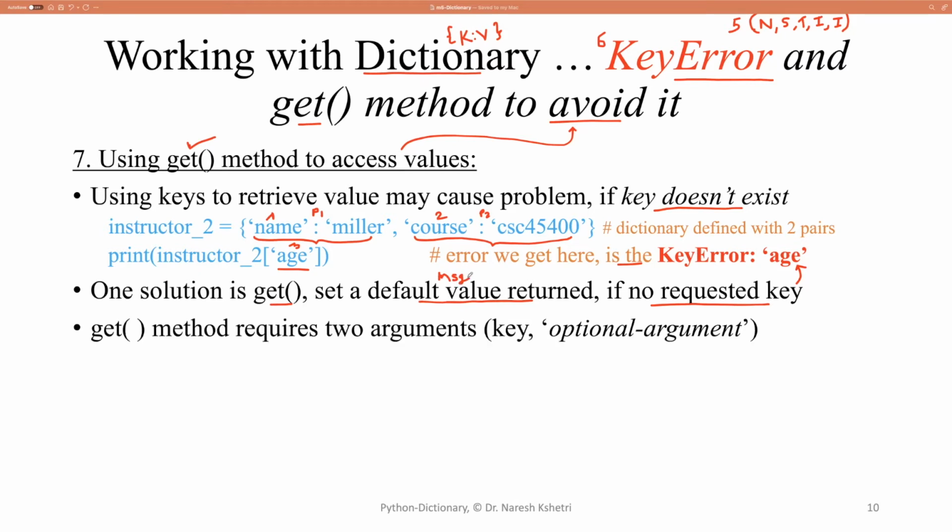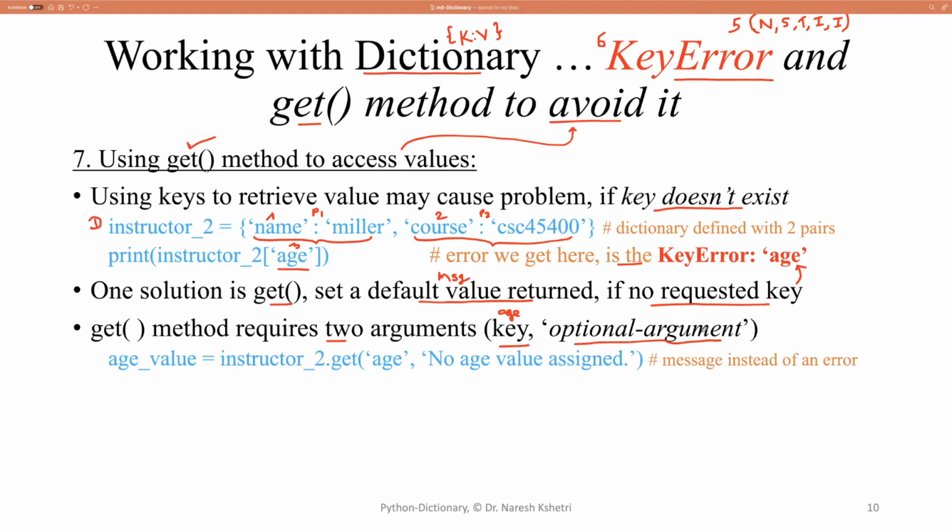So the get method uses 2 arguments. One is the key which we are trying to use and which we don't have in our dictionary. Our dictionary, instructor2, is the name of our dictionary. The second argument is optional, where we provide the message, something like this.